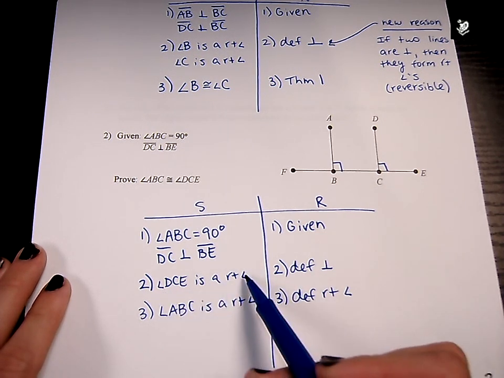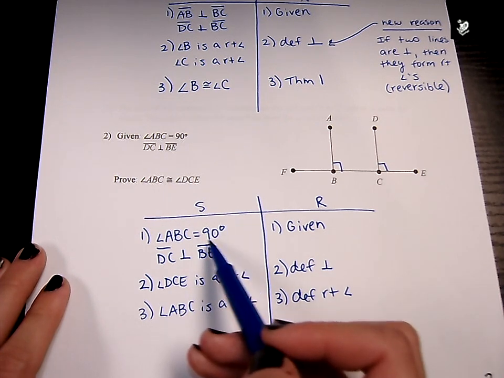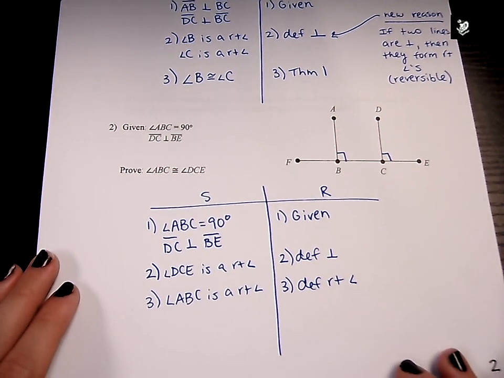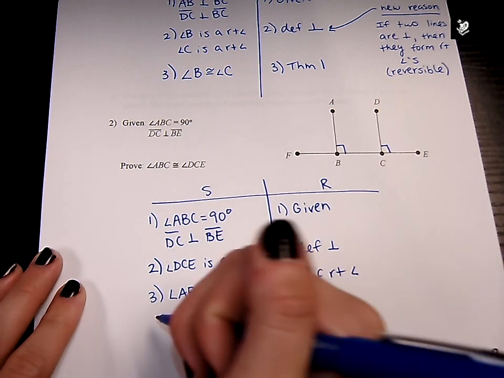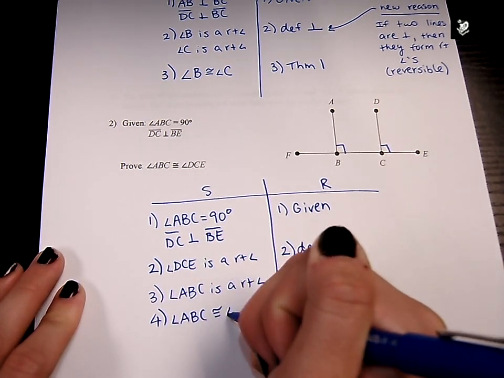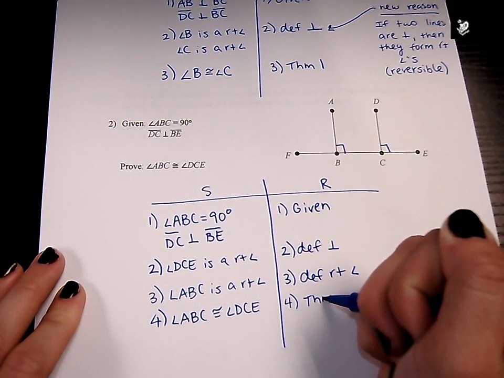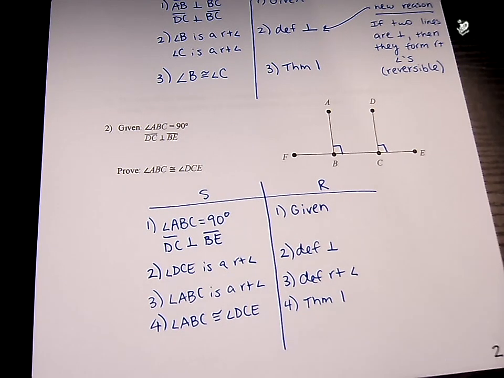I'm stating this one based off of perpendicularity, and this one off its measure with the definition of a right angle. Now my last step is just going to be to say that they are congruent to each other. And the reason is, again, Theorem 1. If I have two right angles, they are congruent to each other.